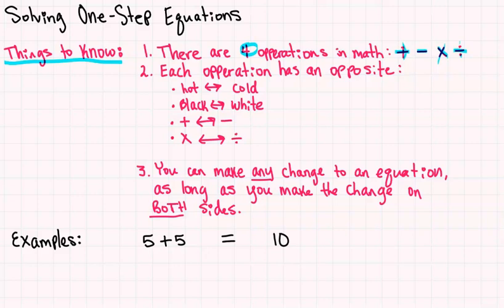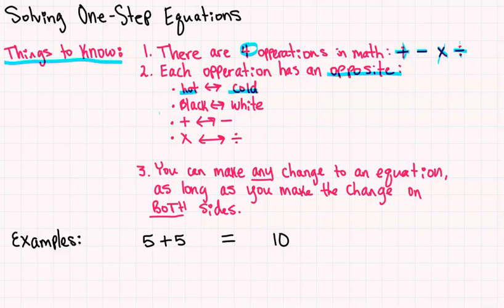The other thing we should know is that each operation has an opposite operation. For example, the opposite of hot is cold, and the opposite of cold is hot. It goes both ways. The opposite of black is white, the opposite of white is black. It goes both directions.